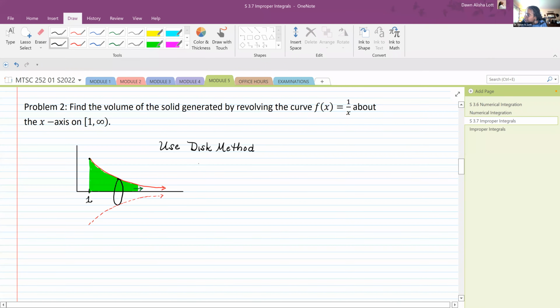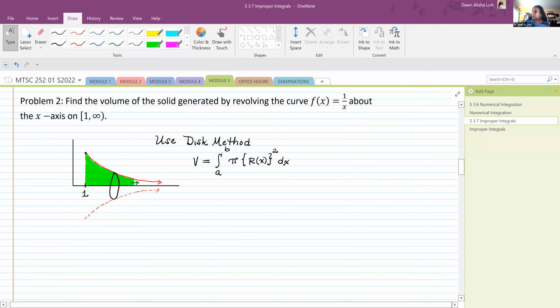All right, so if we remember the volume, the integral from a to b of pi times the radius squared dx. For us, if I drop a radius right here, my radius is simply my height, which is f of x, or 1 over x.